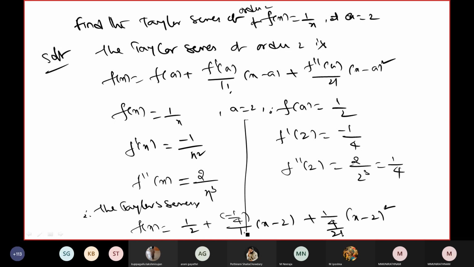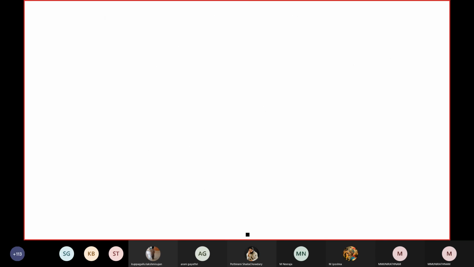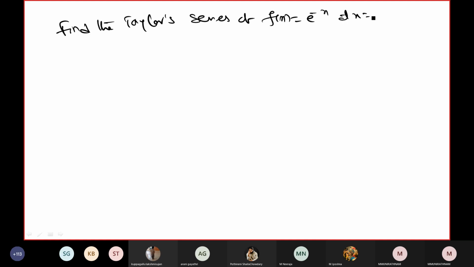Find the Taylor series of f of x equal to e power minus x at x equal to 0 of order 3.